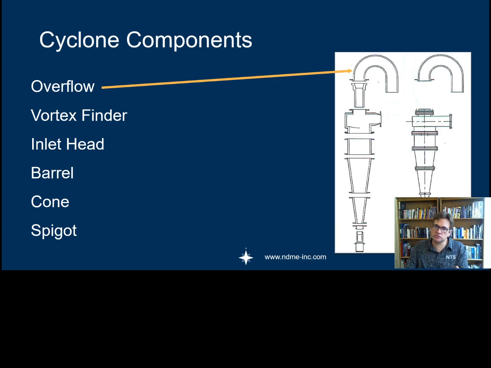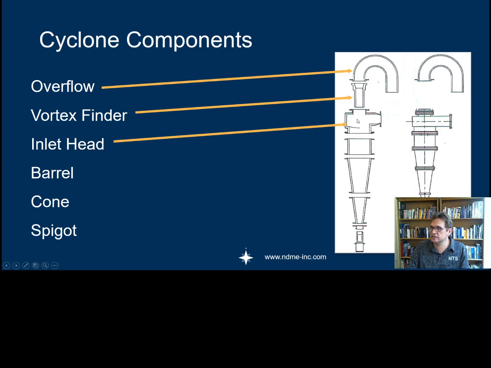So having said that, I'm just going to go through the various components of a cyclone. Firstly you'll have the overflow bend, then you'll have a vortex finder. That is where the smaller particles go following the centrifugal force. Then there's the inlet head, which is probably, from a manufacturing perspective, the most intriguing part.